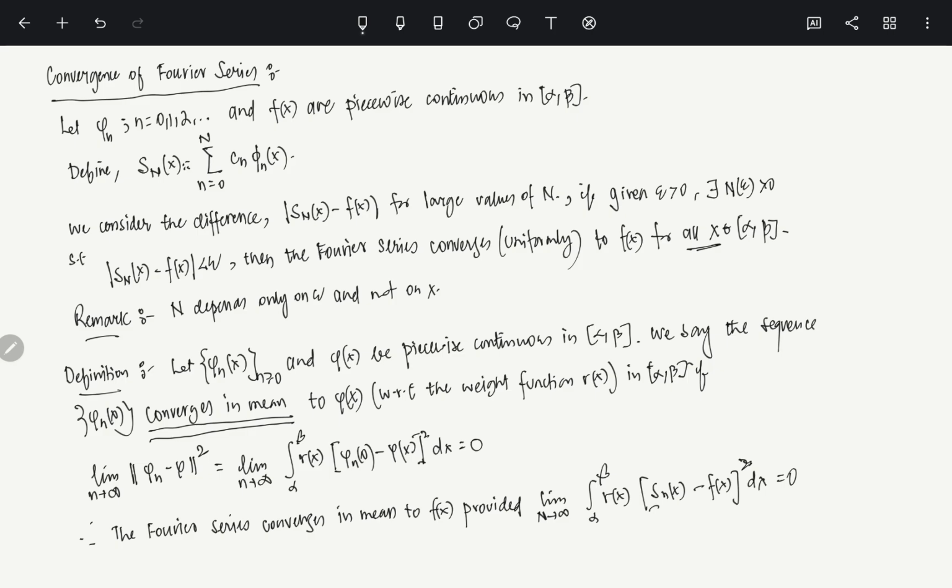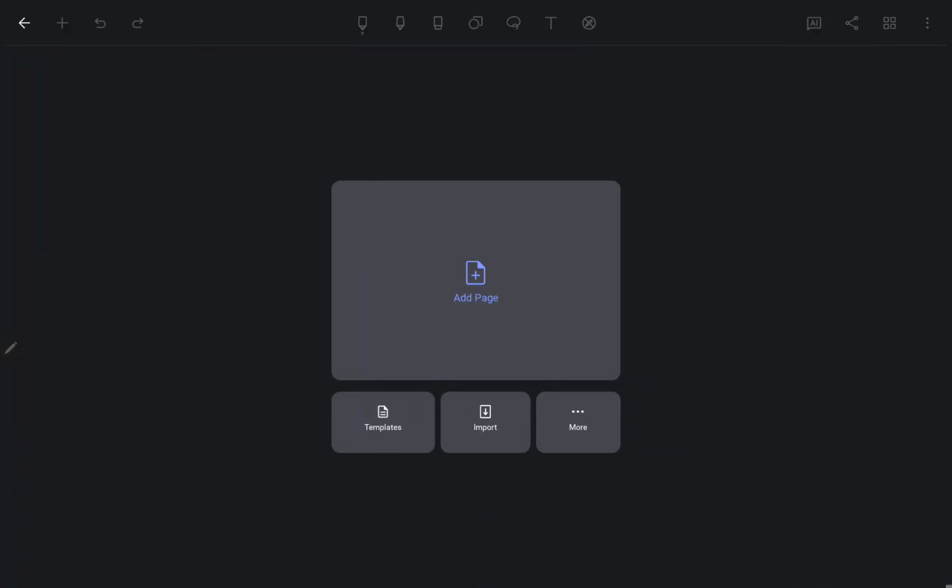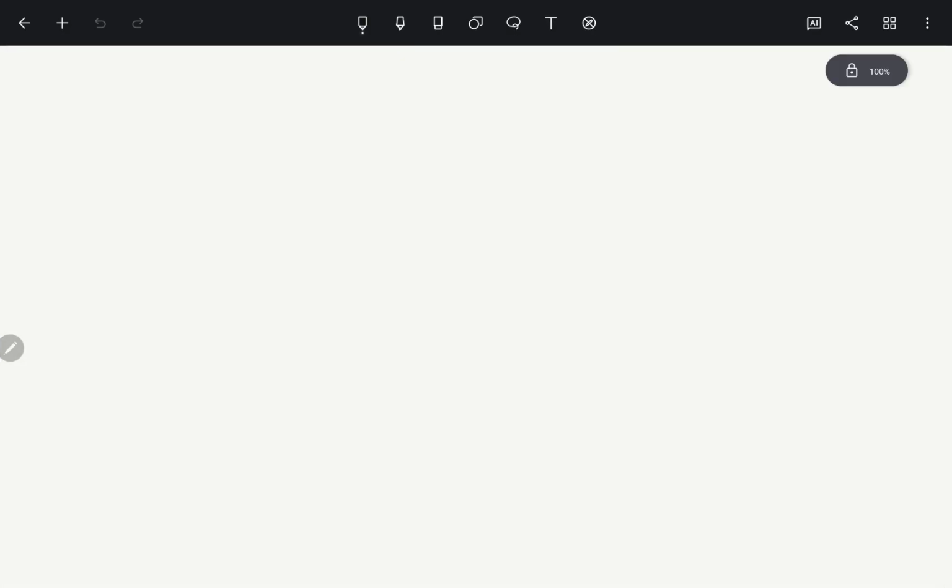Now, we will see what happens if there is a possibility of representing f in terms of a different series.